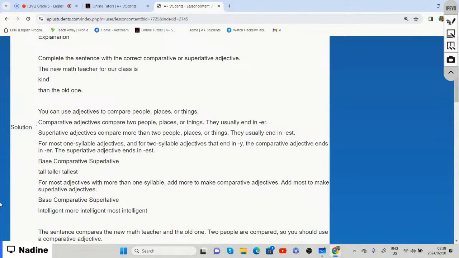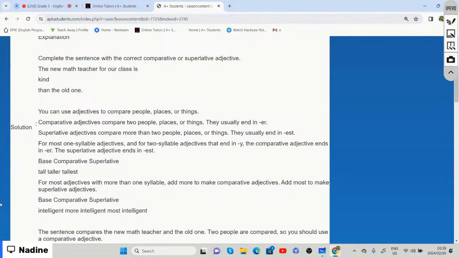And if we have one syllable, as well as two syllable adjectives that end in y, then the comparative adjective will end in er. All right.